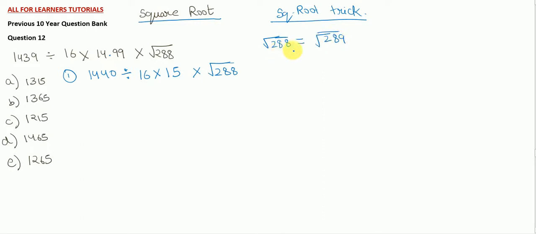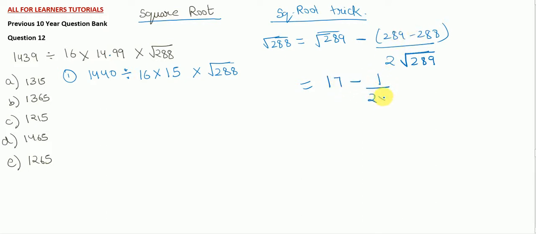This number is more, so when it is more, take the positive sign. Root 288 is equal to root 289 minus the difference, 289 minus 288, upon 2 into root of the chosen number. Now, what is root 289? It is 17. 17 minus, 289 minus 288 is 1, so 1 upon 2 into 17.